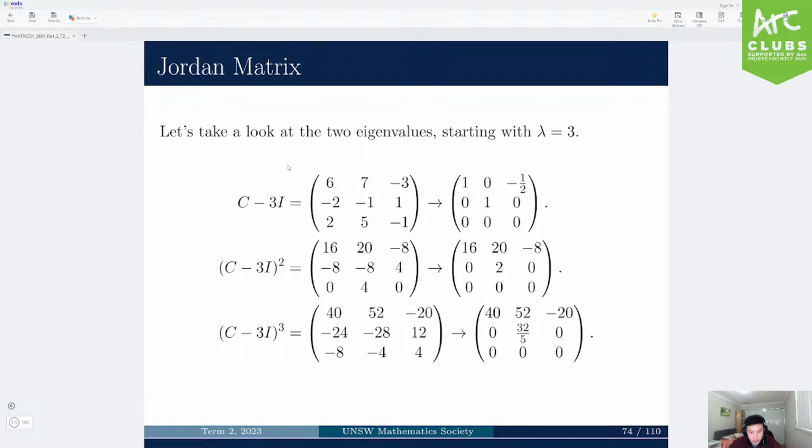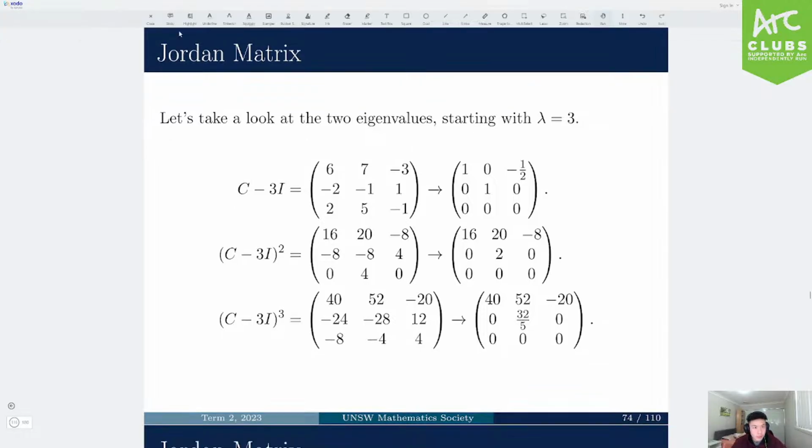Okay, let's have a look at the two eigenvalues, starting with λ is 3. If you look at C minus 3I, you notice that we have 2 leading columns, which means that the rank is 2, meaning that the nullity is 1. So let's say d of 1 is 1.